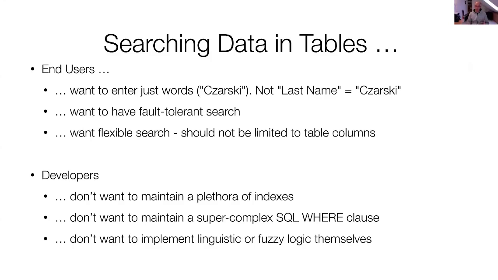And when we now look at the developer's perspective, the people who have to implement it, more or less us, what do we want to do? It has to be performant, of course. It has to be maintainable. So that means, assume we have a table with 20 columns, we don't want to index all 20 columns and write a super complex SQL where clause, which says and where customer last name equals Zarsky and order number equals something else, or something else is null.